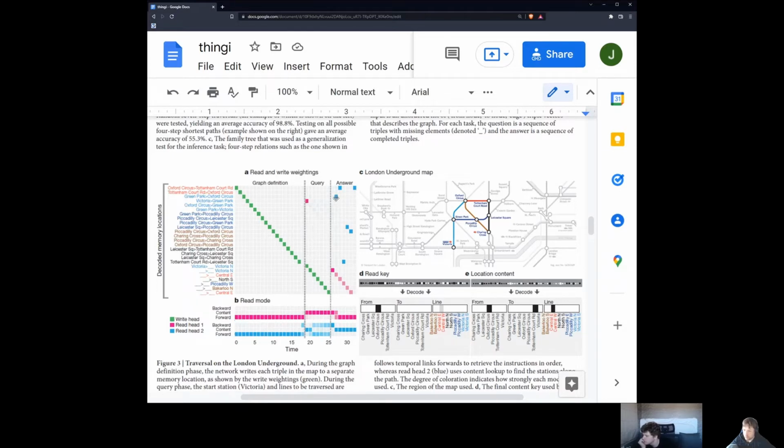From Green Park, it goes to Oxford Circus. So basically, it processes the whole query, and then it processes the whole answer still. But the answer there is a part of the query. Knowing where you start is part of the query, not part of the answer, in my opinion.